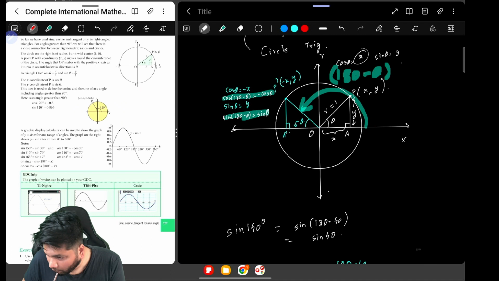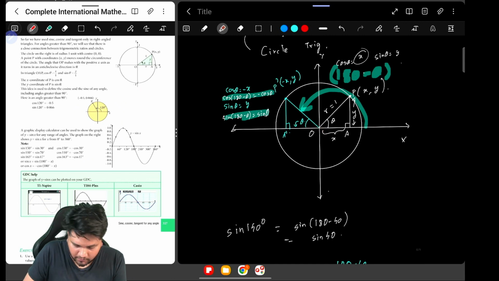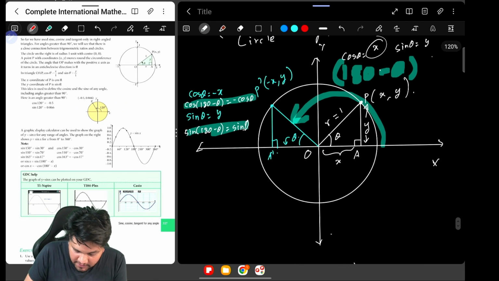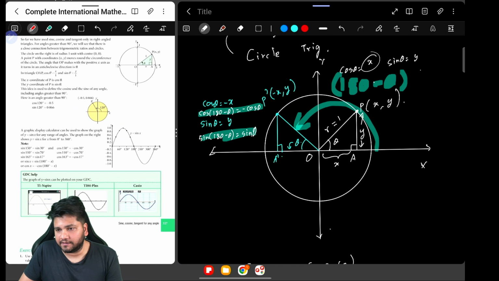So how is cos 180 minus theta equal to x or y respectively? Aren't those the sides and isn't that the angle? No, these are equal because the triangles are congruent, because this theta is equal. That's why when I was doing this blue theta, cos theta was minus x and not just x. So I converted that blue theta into white theta.